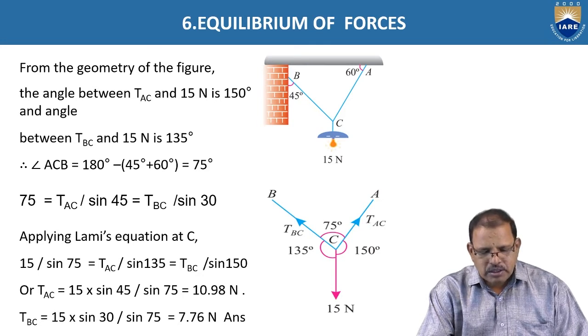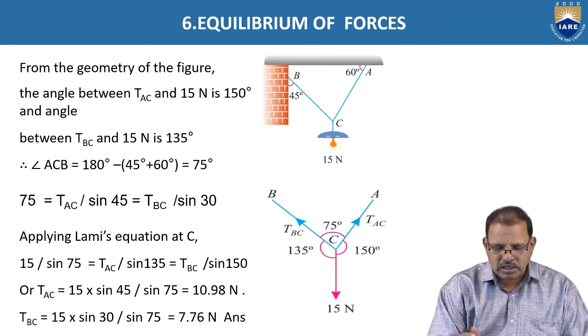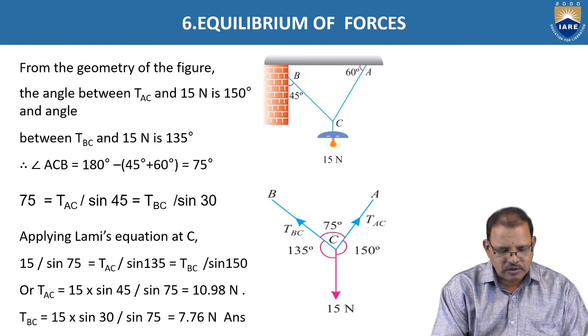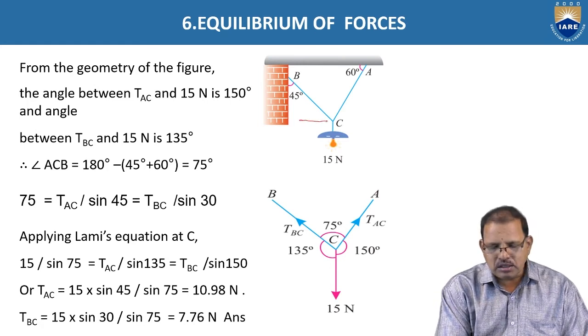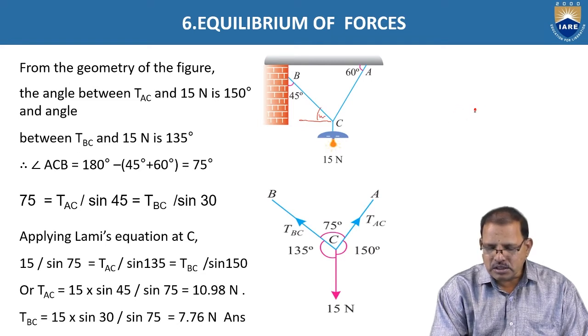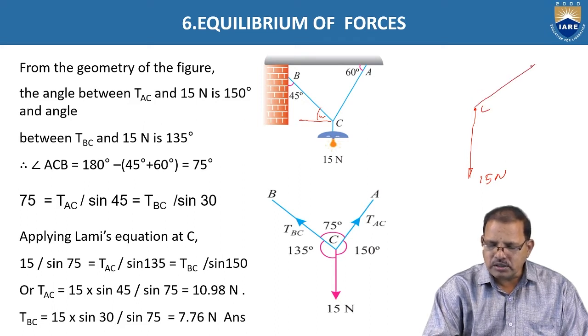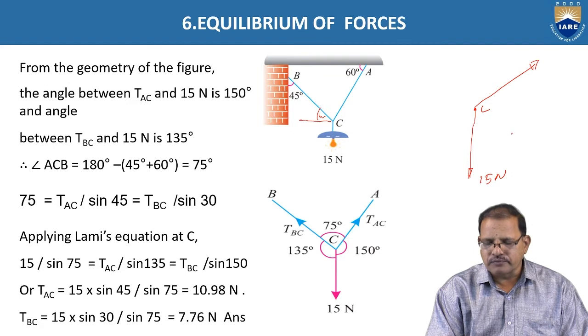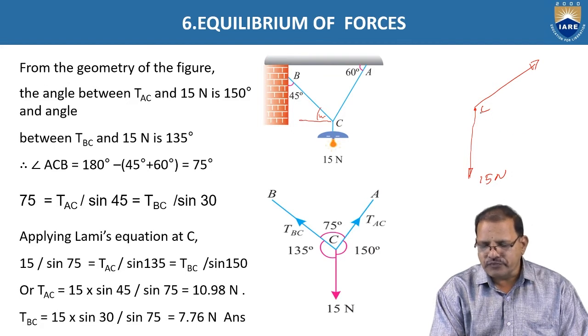Now, according to the geometrical relations, this angle becomes 45 degrees. If I draw the figure, AC is acting downward. The weight is given as 15 newtons at point C. The angle with the horizontal is given as 60 degrees.